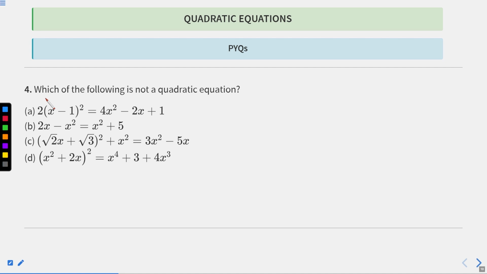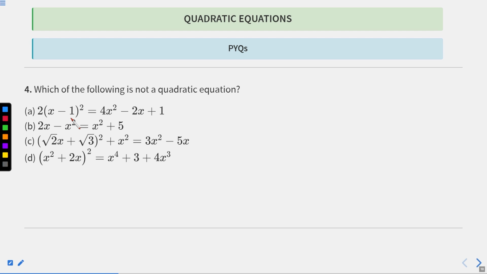In this question it is said: which of the following is not a quadratic equation. Here we have been given some equations. In some equations the quadratic term, that is the x square term, is involved, but in some it does not involve the quadratic term. In the first one we have been given 2 times x minus 1 whole square is equal to 4x square minus 2x plus 1.